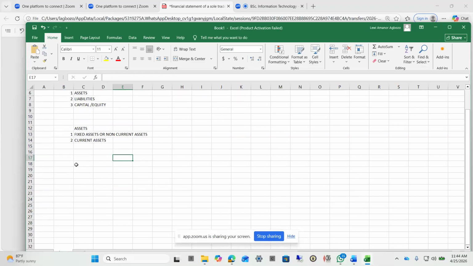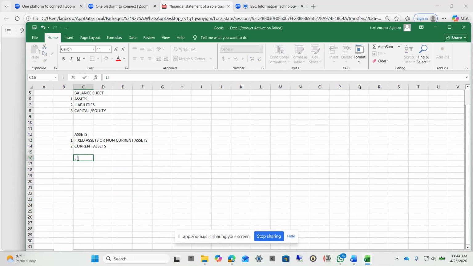Then we also have the liabilities as follows.